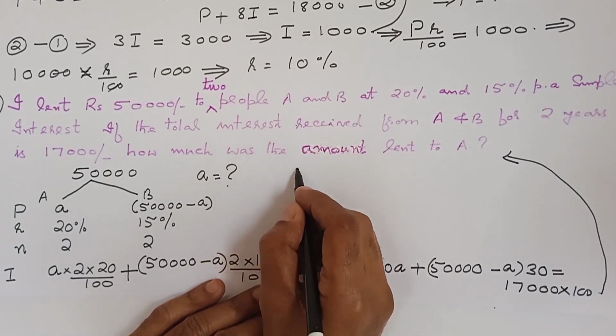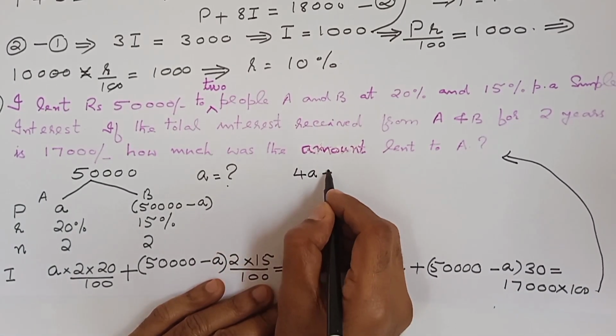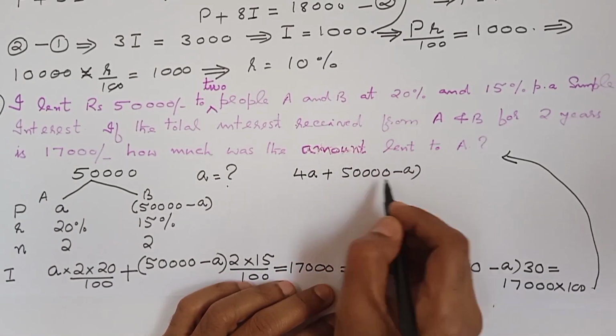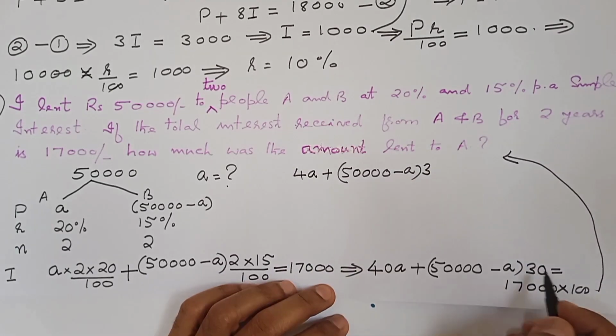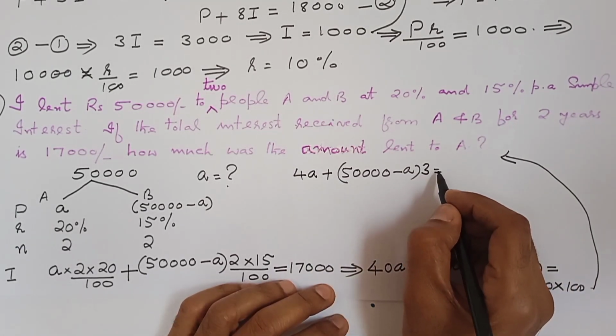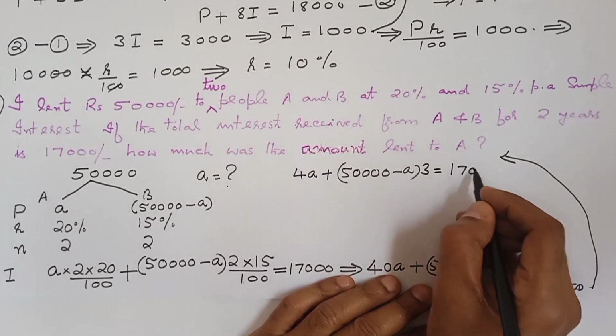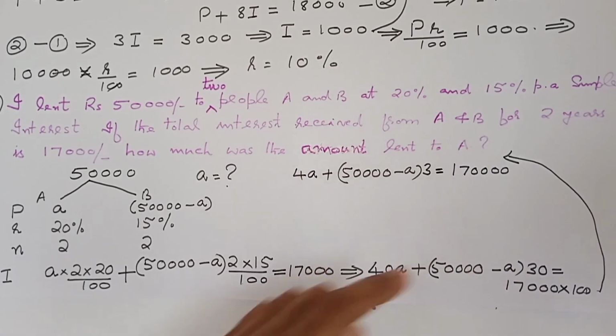Then 40A becomes 4A, 50,000 minus A into 3 equal to, 10 will go from here. You will get 17 followed by 4 zeros.